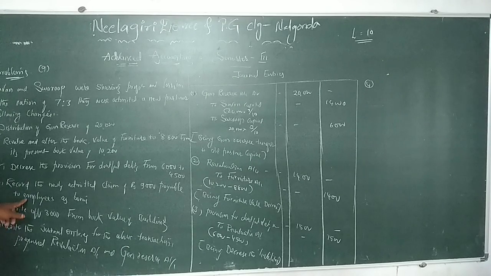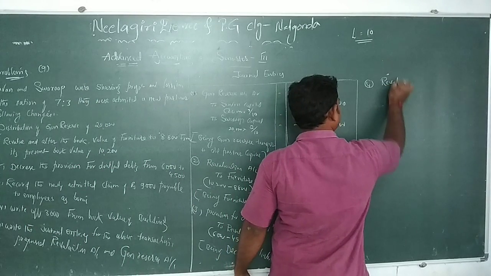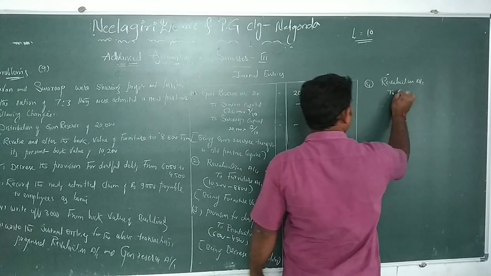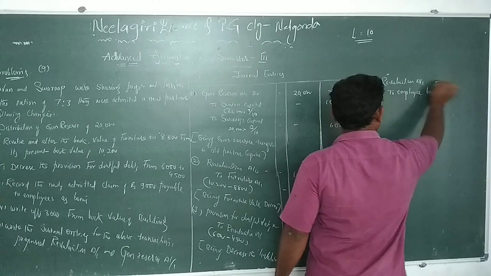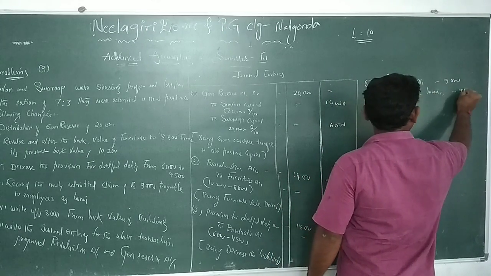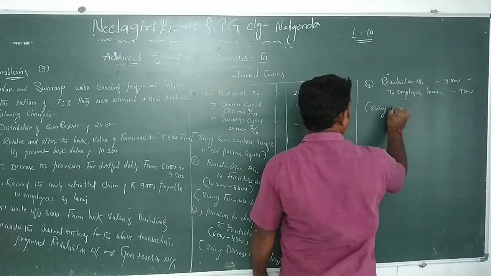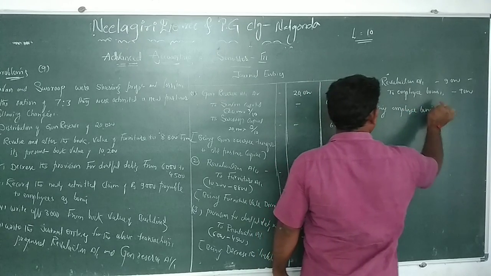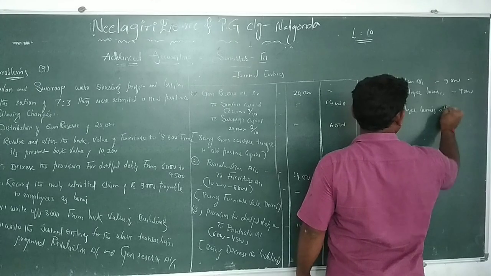Revaluation account debit to employee bonus account, 9,000. Being employee bonus allocated.